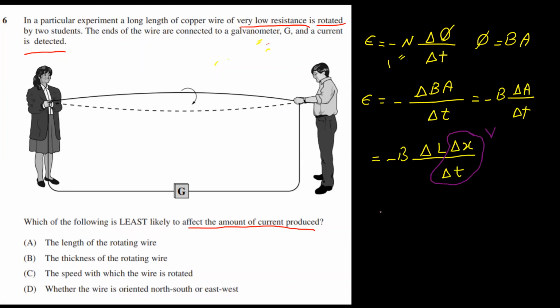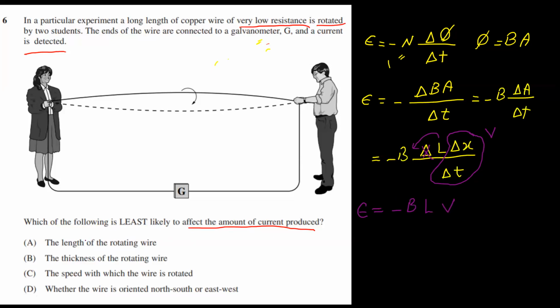As a result, I get the formula epsilon equals minus B L delta x over delta t, and because B is constant, I can put it out here. So we see epsilon actually depends on the magnitude of the magnetic field, the length of the wire, and the speed of rotation.